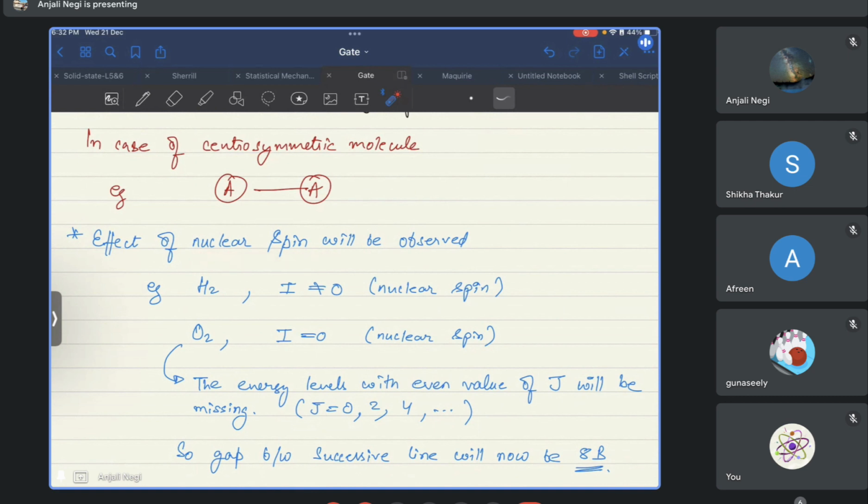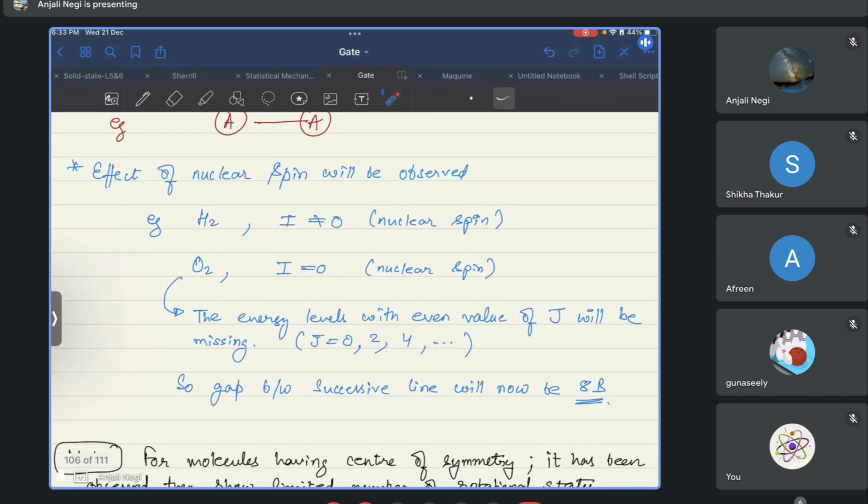For example, H2 has a nuclear spin not equal to 0; it actually has a nuclear spin of 1/2. And for O2, the oxygen molecule, we have a nuclear spin I equal to 0. So the energy levels with even values of J will be missing.